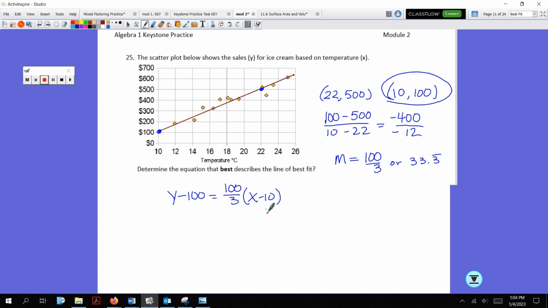All right, so when I times that by negative 10, how does that work out? It's negative 1,000 over 3. And I'm going to add 100 to that.